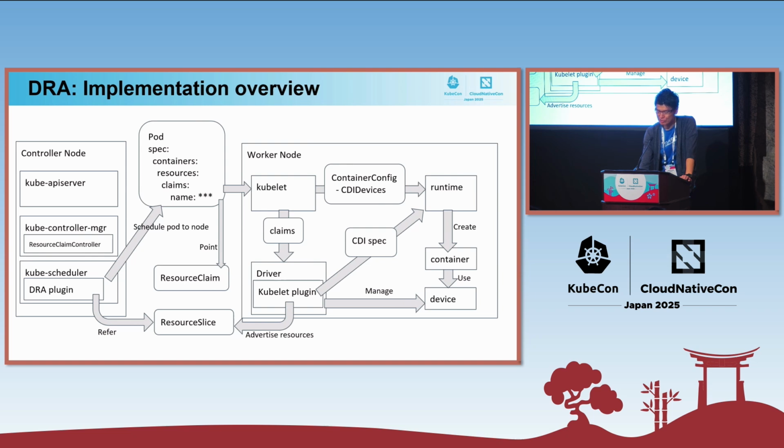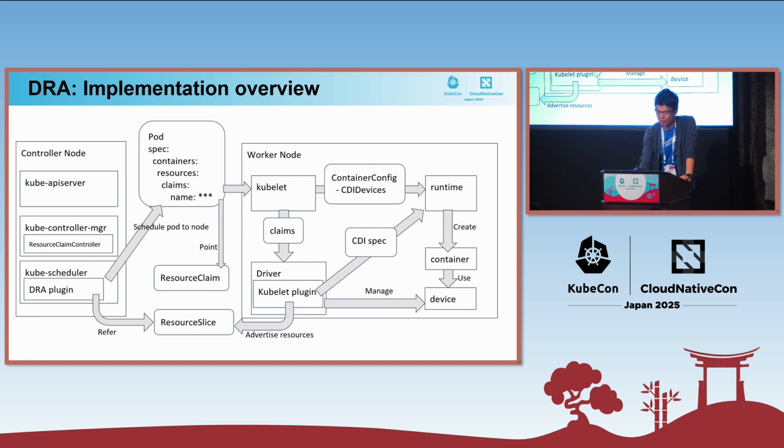After the pod is scheduled to a worker node, Kubelet requests the driver to prepare necessary devices. Then the driver prepares devices and creates a CDI spec, or Container Device Interface spec, which is necessary for attaching devices to a container in the runtime.